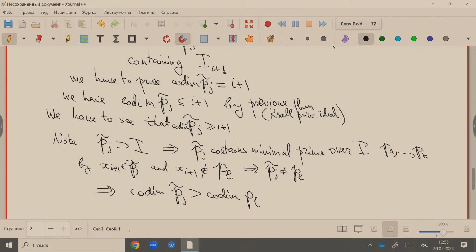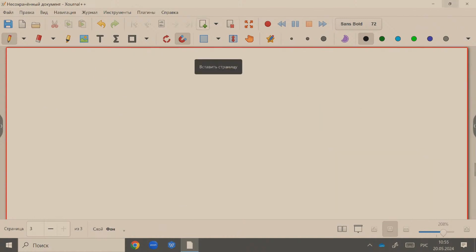This motivates choosing the system of parameters, and now I want to pass to some kind of discussion of some notions that are related.